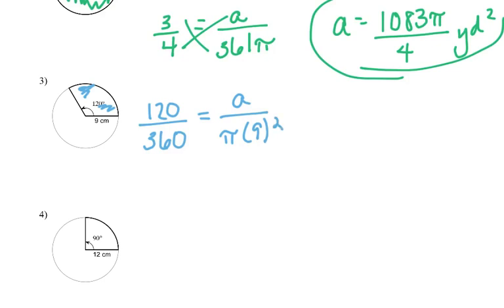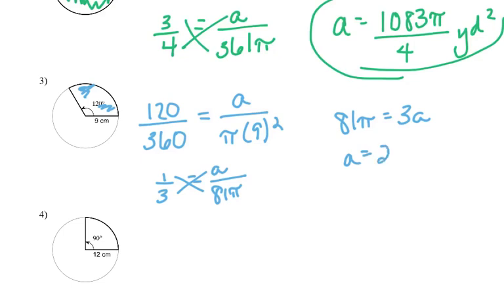And this reduces to 1/3. And this is 81 pi. We're going to cross multiply. 1 times 81 pi is 81 pi. And 3 times a is 3a. We're going to divide by 3, and a is equal to 27 pi square centimeters.